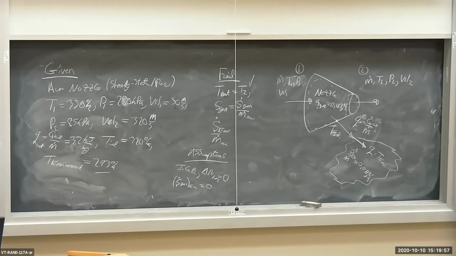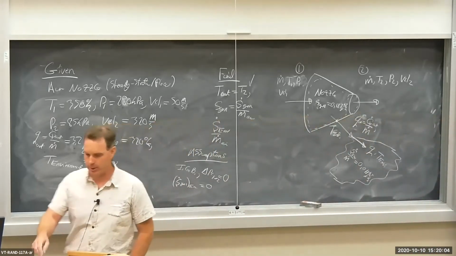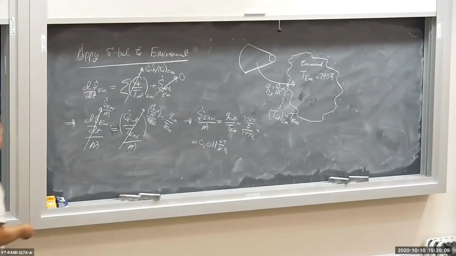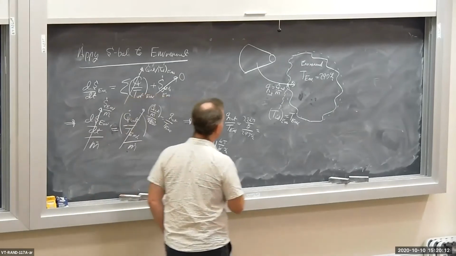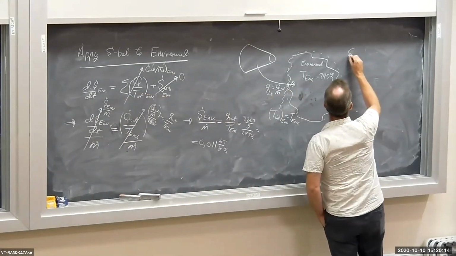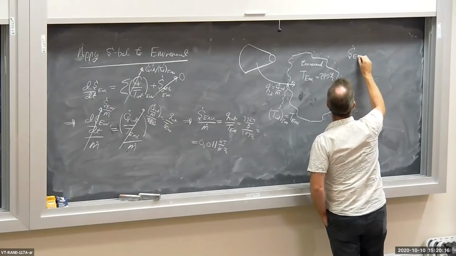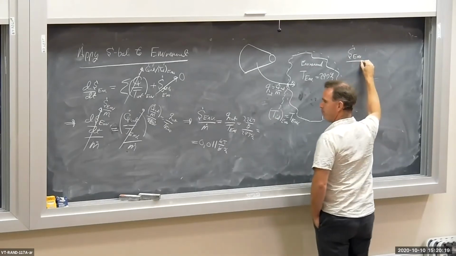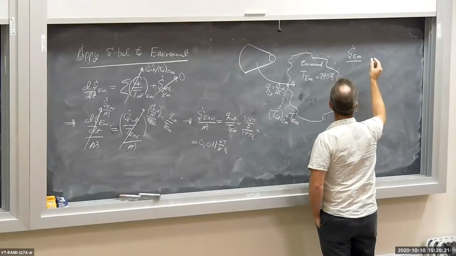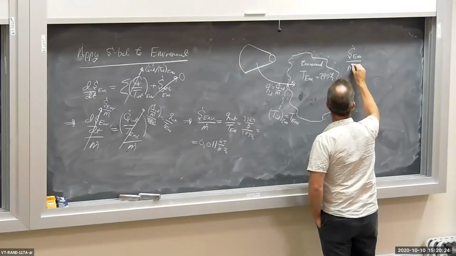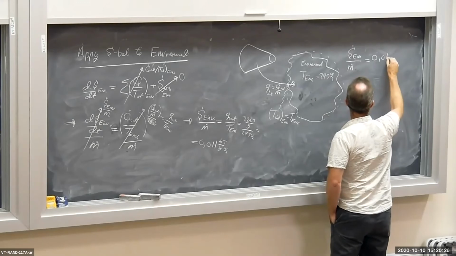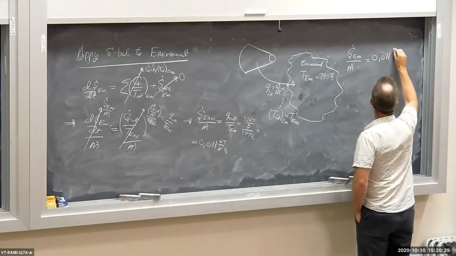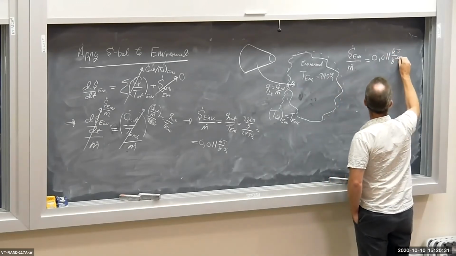Let's also calculate. So we've got this now. Let me write this result down. Let's investigate this. We just crank some numbers out. Let's investigate what's going on. So let me write right over here. S dot environment over m dot for the air is equal to 0.011 kilojoule per kilogram degree Kelvin.